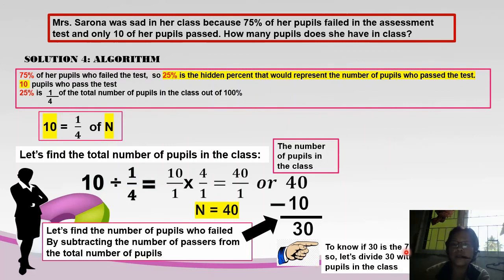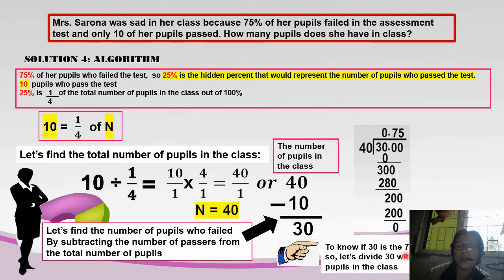So let's try to divide 30 by the total number of the class, 40. So you have here 30 divided by 40. Looking at the step-by-step solution, the final answer is 0.75. So 0.75, our solution is correct.